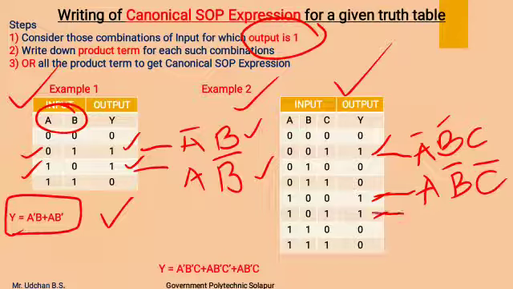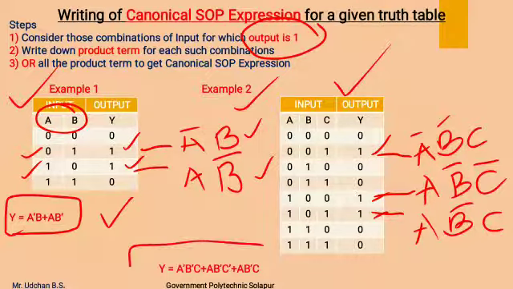And for this the input combination is 1 0 1, the product term will be A, B bar, C. Now we are going to OR all these product terms to get canonical SOP expression as y is equal to A bar B bar C plus A B bar C bar plus A B bar C.